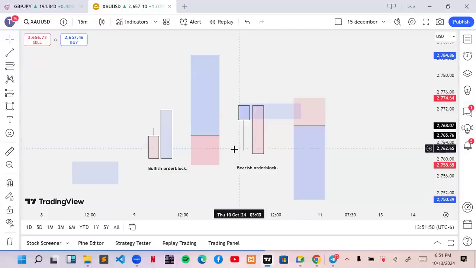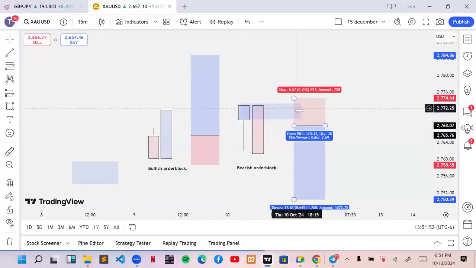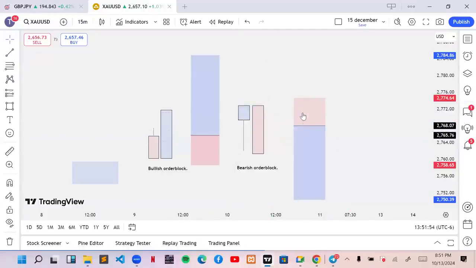How do you pick your entry for this kind of trade? So pay attention. If the wick of the order block is smaller and shorter than the body of the order block, you pick your entry from the wick. But if the wick of the order block is longer than the body, pick your entry from the body.